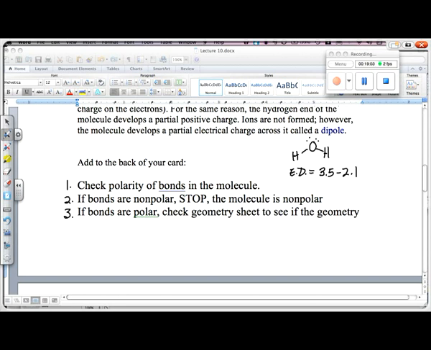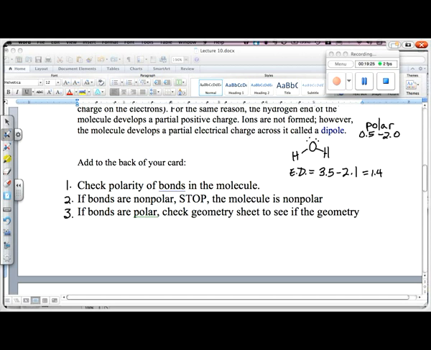That's what I get. 1.4. Yeah, that works. 1.4. Okay. You can use your calculator if you want to. 1.4 is solidly within the range of 0.5 to 2.0. All right. That's polar. So the bond for the water molecule is polar.